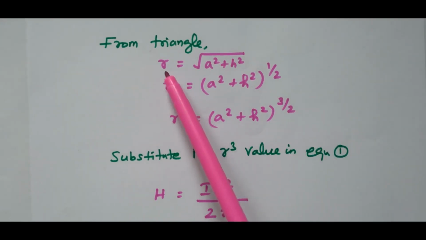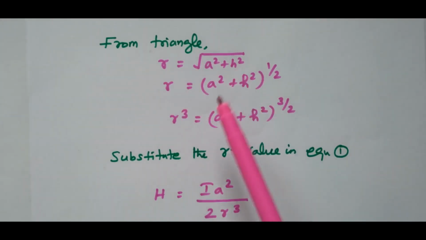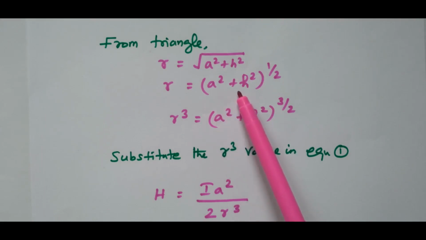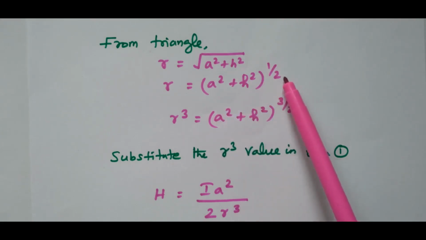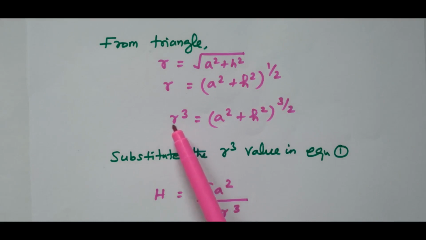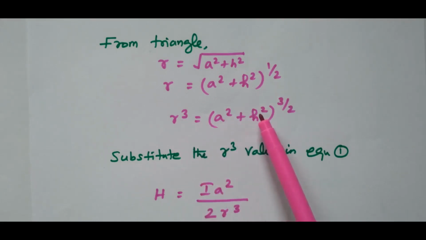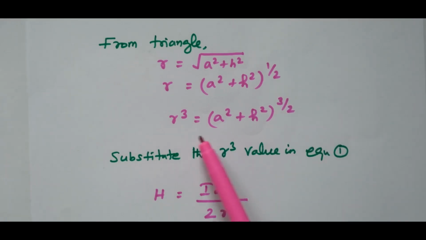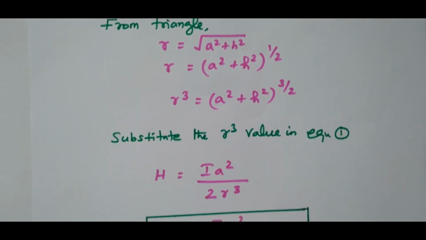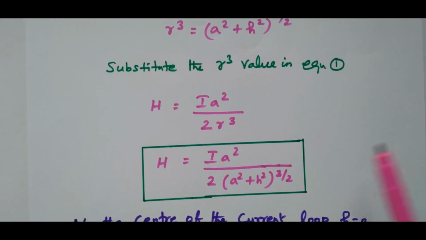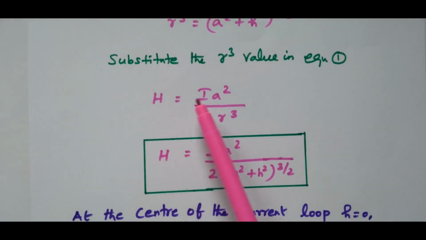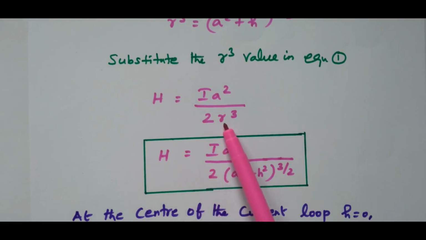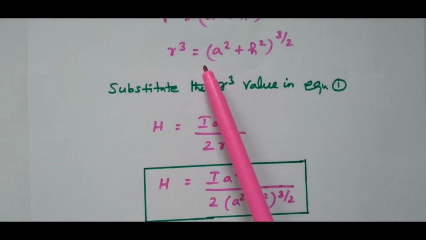Right? So R equal to square root of A square plus H square, that can be written as A square plus H square whole power 1 by 2. Here R cube is needed, so A square plus H square, 3 into 1 by 2, that is 3 by 2. Now we can substitute this value in equation number 1. What is equation 1? H equal to IA square divided by 2 R cube, right? So this R cube can be substituted from this.